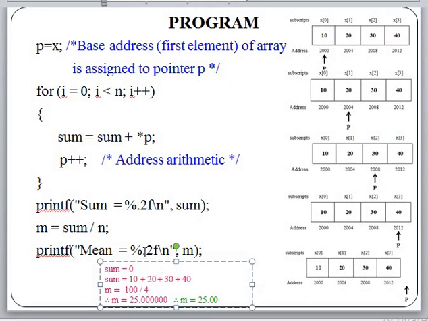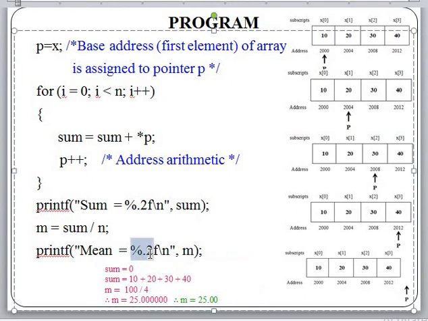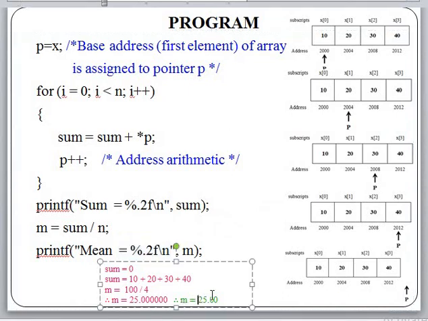But again here also we considered only 2 digits after the decimal point in the value mean, and it is of type float. So it is going to consider only 25.00 in the result. Now remember the pointer is pointing to the next location after that 40, where there is no value.